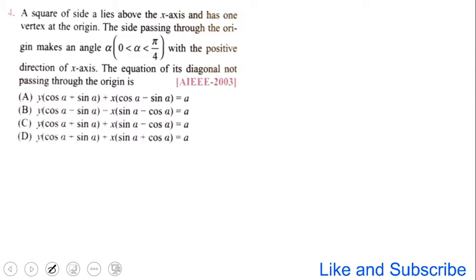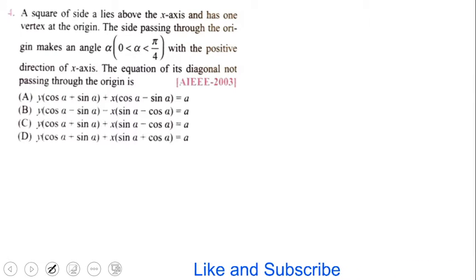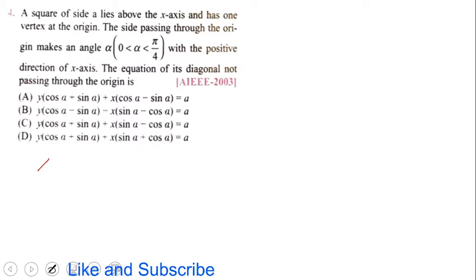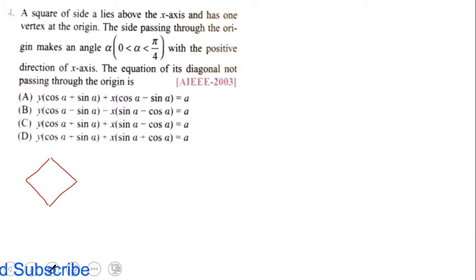Okay, so we will do a diagrammatic approach. So the diagram is like this. There will be a quadrilateral here, in this way. So this is the axis.